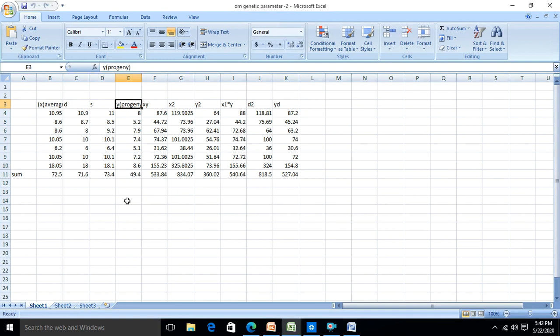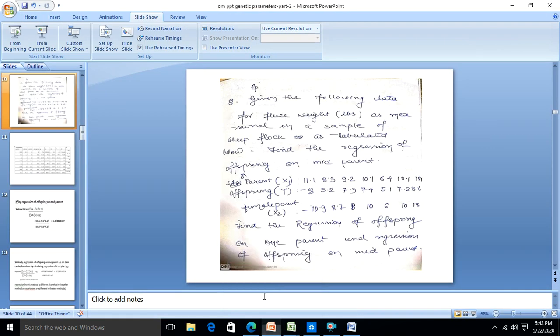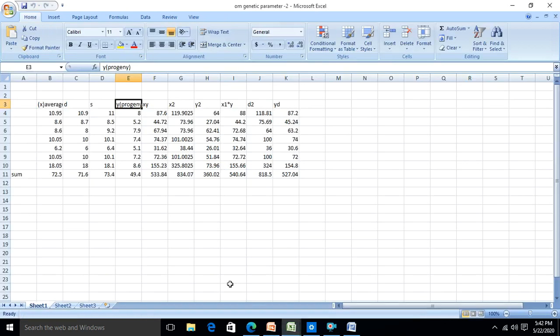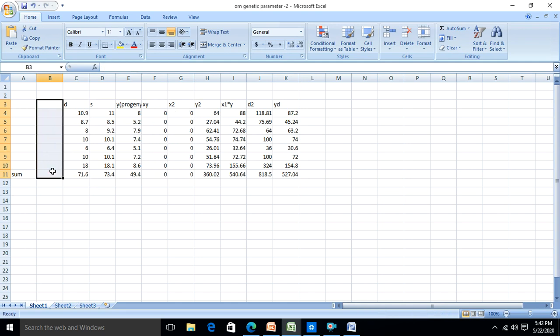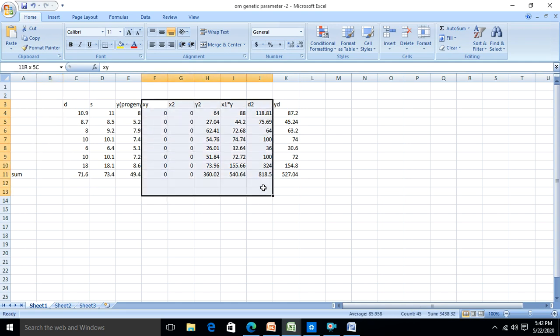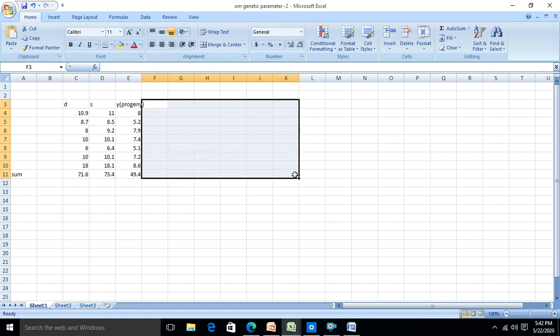You have this question with you, nothing new, I have just typed this question over here. This is the progeny, and this is the dam, and this is the sire. To show you, I delete all the values successively.